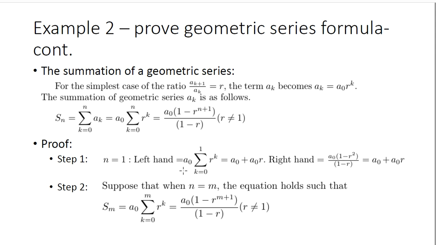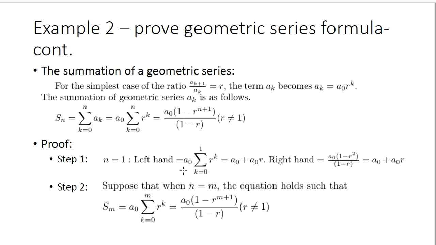Then the numerator will be a sub 0 multiplied by 1 minus r to the power 2, and the denominator is the same, 1 minus r. If you simplify this formula, you will get a sub 0 plus a sub 0 r, which means the left hand side equals the right hand side.